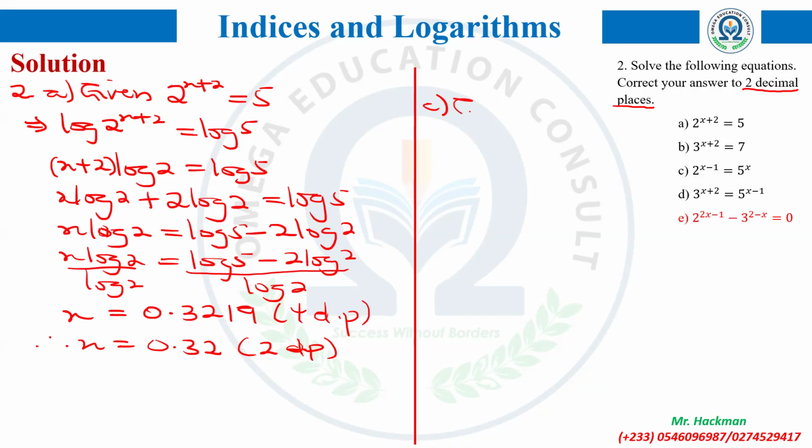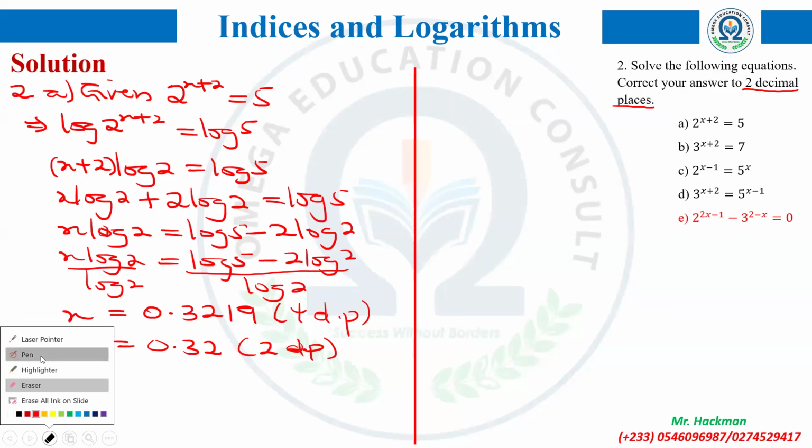Okay, quickly, let's look at the solution to C. Sorry, forgive me. Remember I said we could have divided through straight away by log 2. So let's look at it from that approach and see which one will be ideal, so that next time when you encounter such a situation, you know that will be the best option.